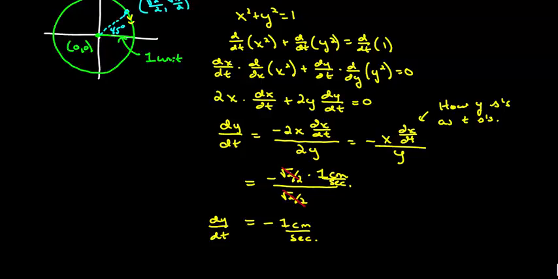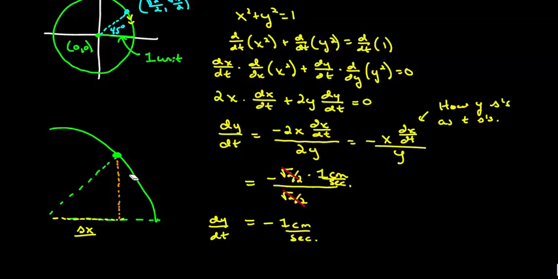Now if you graph this out, here's what's going on. If you look at that part of the circle, here's our point at a 45-degree angle. dx/dt tells me as time changes how this length changes.